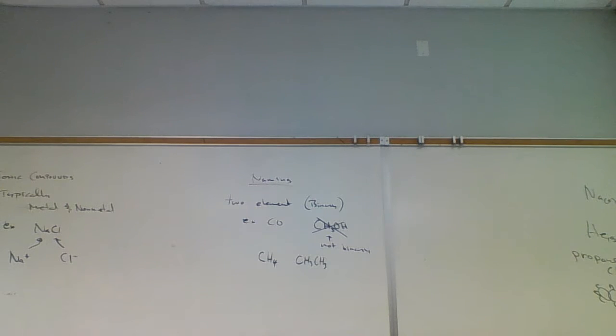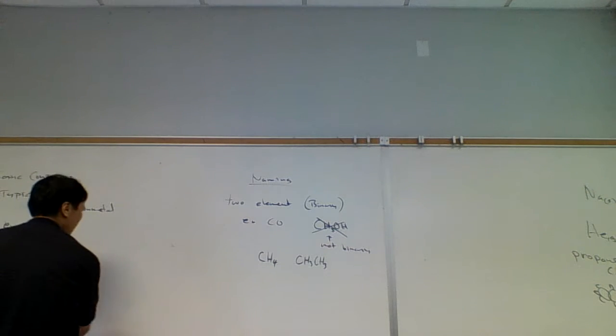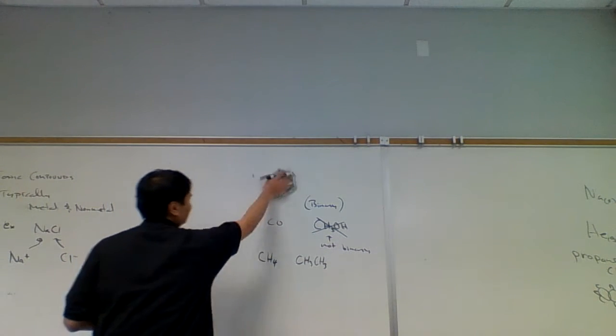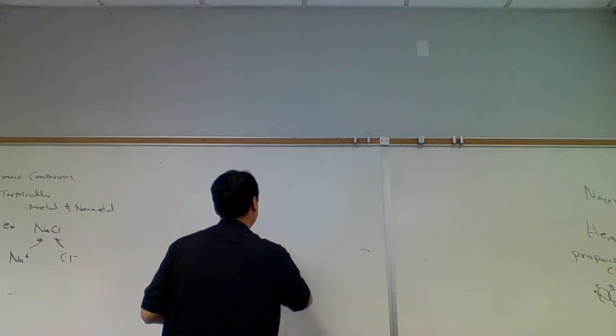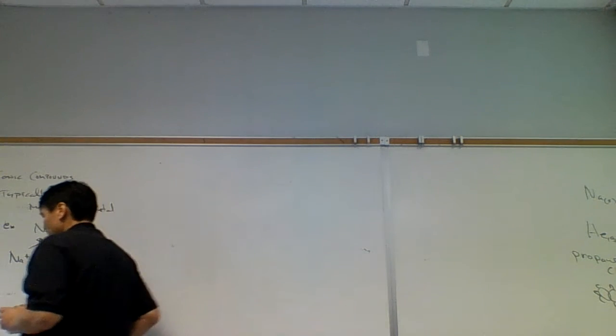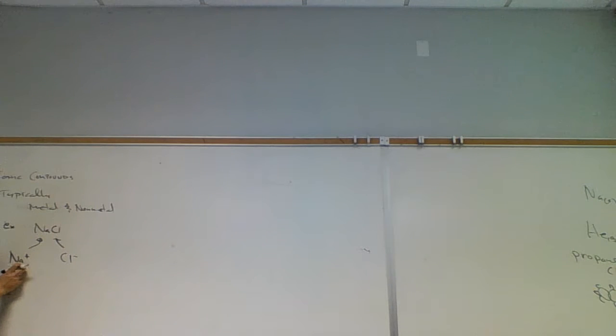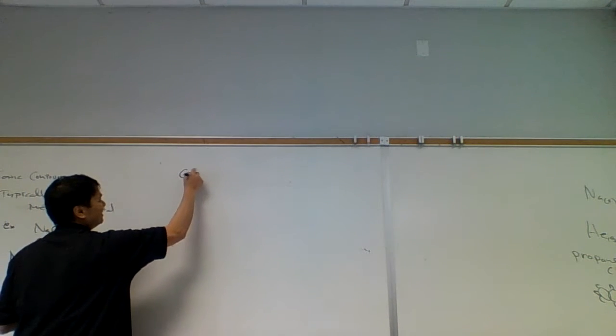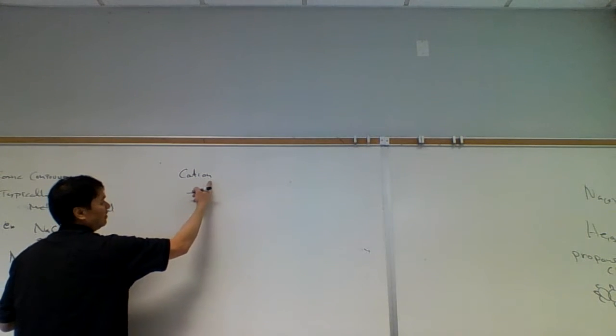So let's talk about naming ions. Well, we have cations, which usually come first. Cations, this is cat-ion.